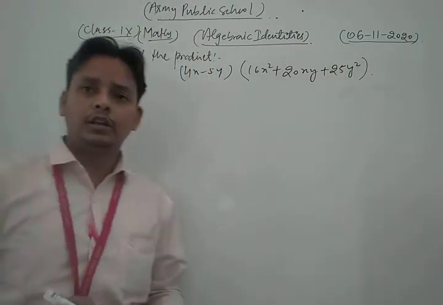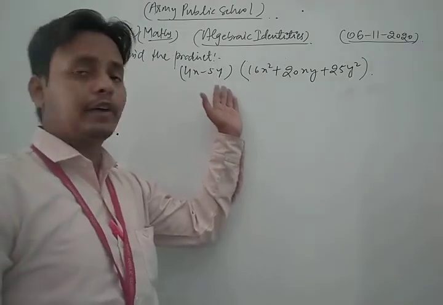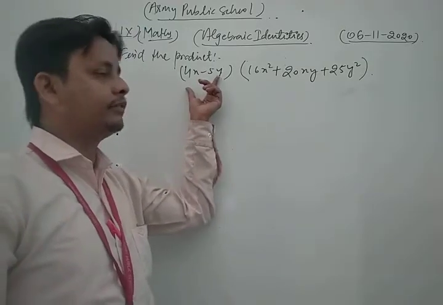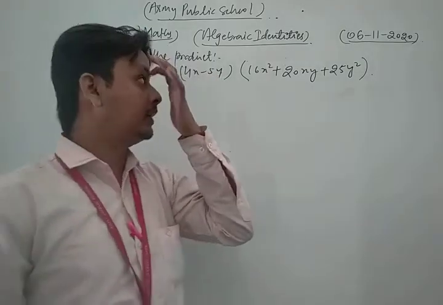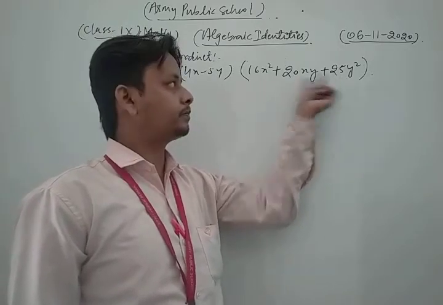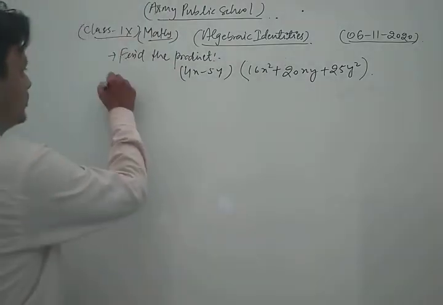Dear friends, this is also a very important question of your NCERT exercise. What we do, we find that product: 4x minus 5y in one bracket, and in another bracket 16x square plus 20xy plus 25y square. Now look at the solution.